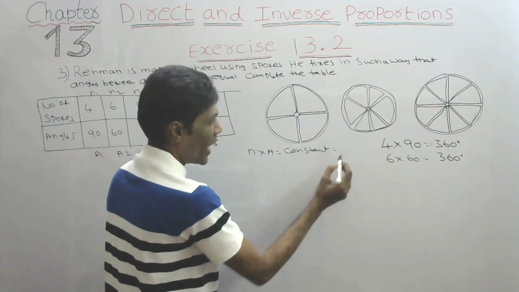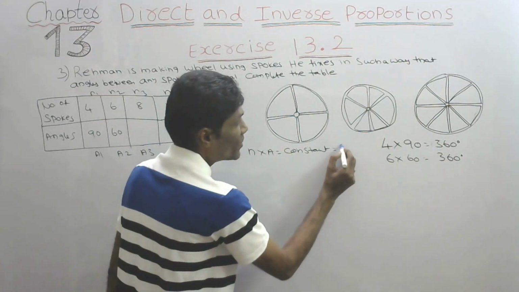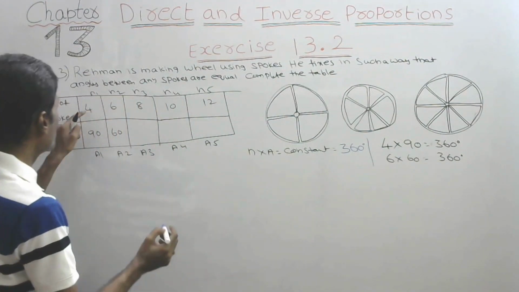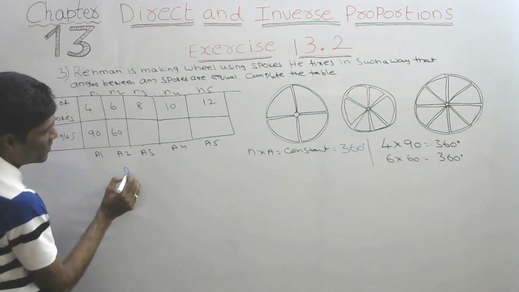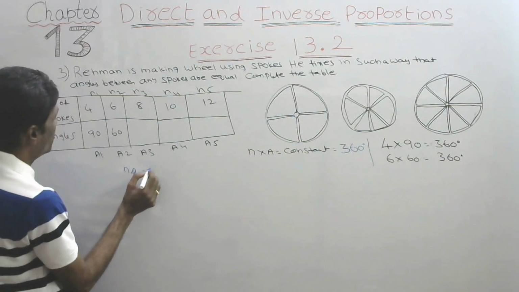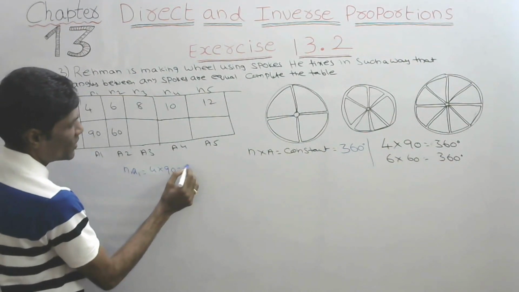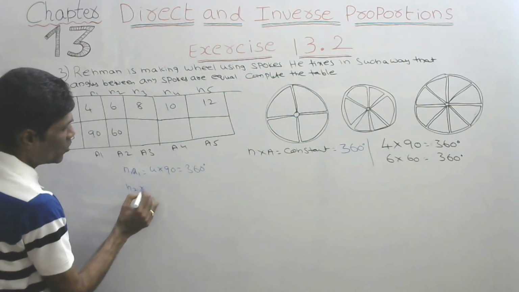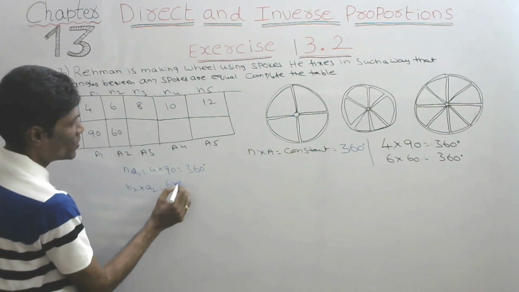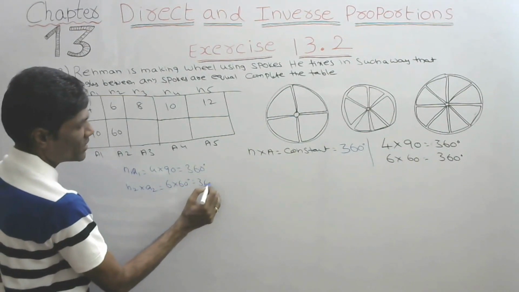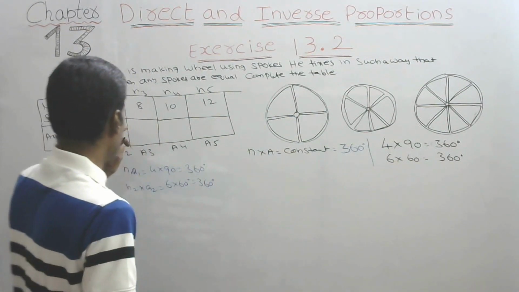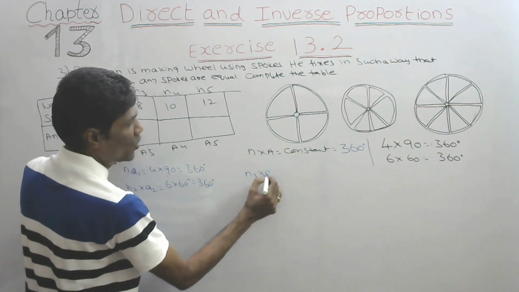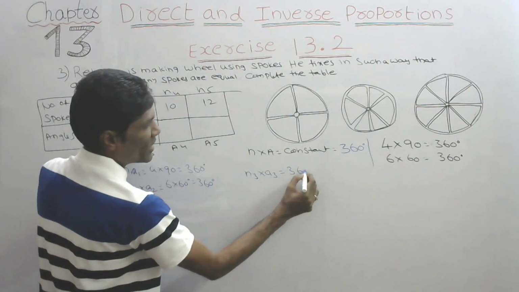That we got as 360 degrees. So let us see N1 into A1, 4 into 90, 360 degrees we got. N2 into A2, 6 into 60 degrees, that is 360 degrees. Now coming to the question, N3 into A3 equal to 360 degrees.